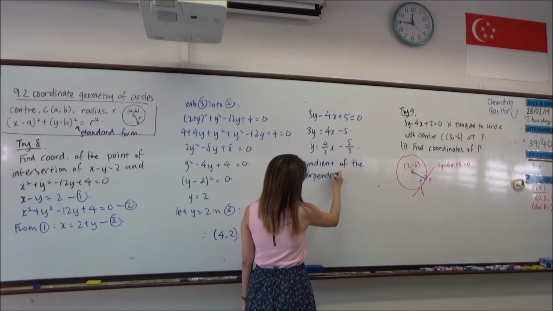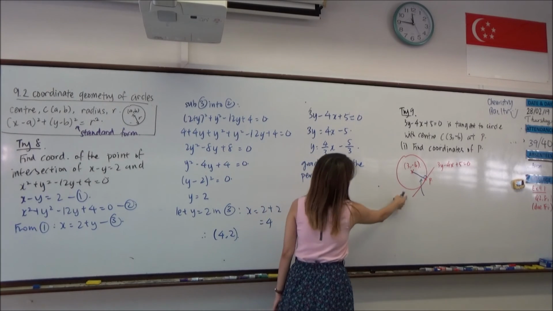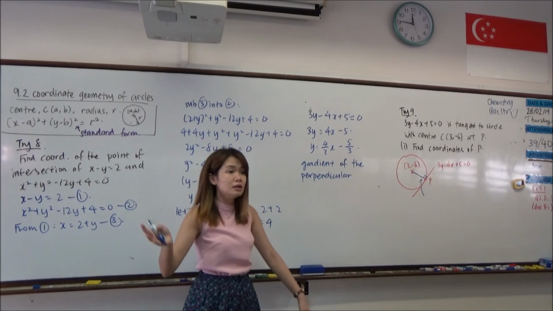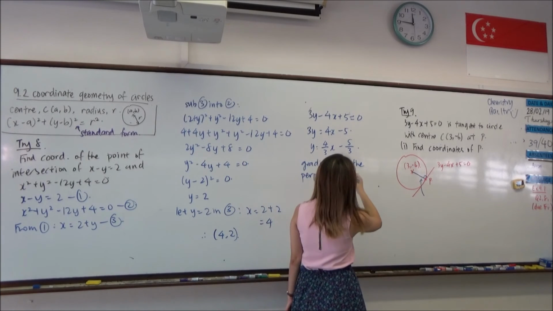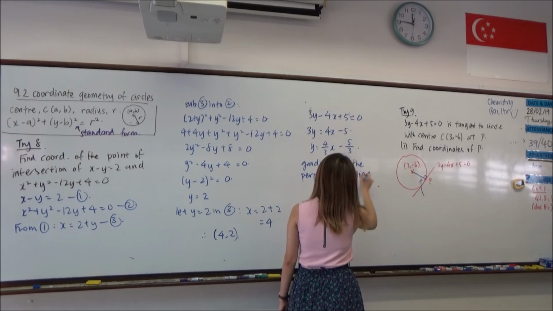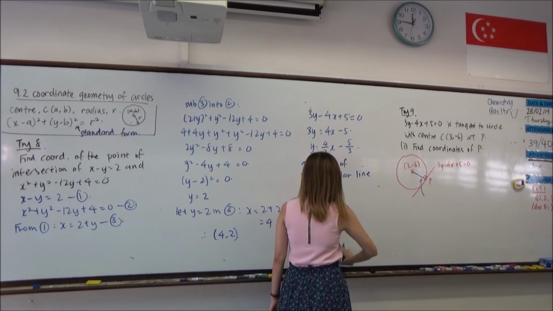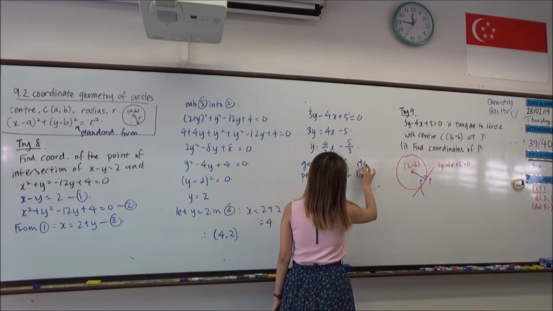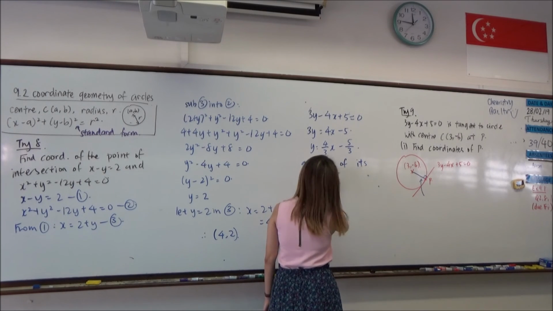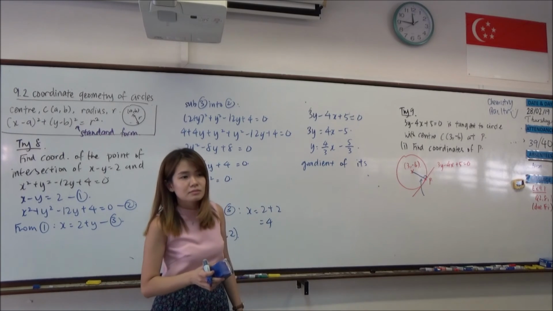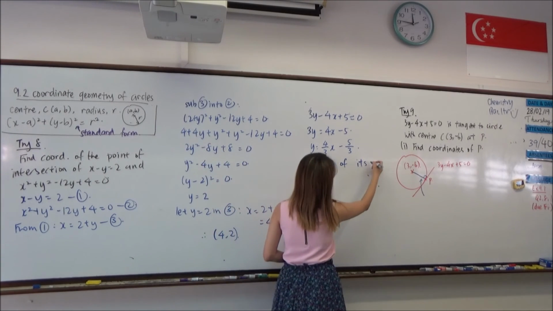We are not looking at the perpendicular bisector because this line kind of goes off forever. So we're not looking at any bisectors in this case. So the gradient of its perpendicular, maybe not perpendicular. There's a name for it, right? Normal. Of its normal.